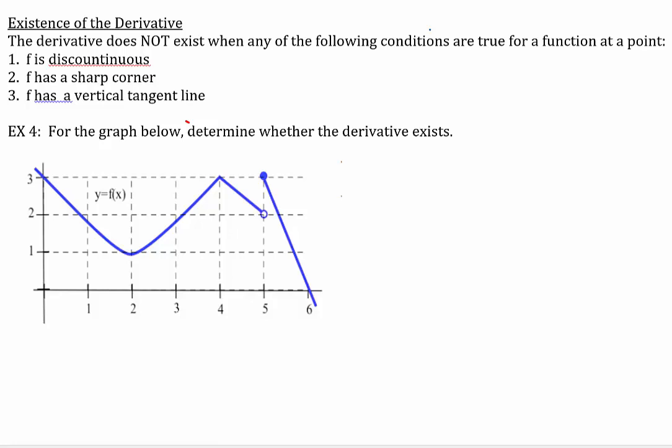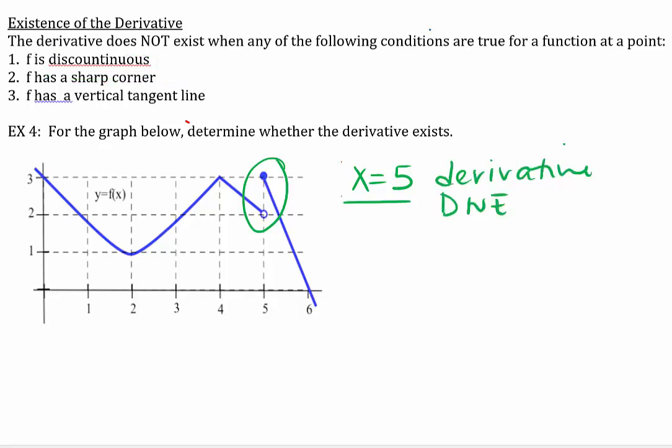So anytime you have a discontinuity, a jump, a hole, a gap in the function, you cannot find the derivative. In my example, that happens at x equals 5. The function is not continuous, and so the derivative doesn't exist at x equals 5.